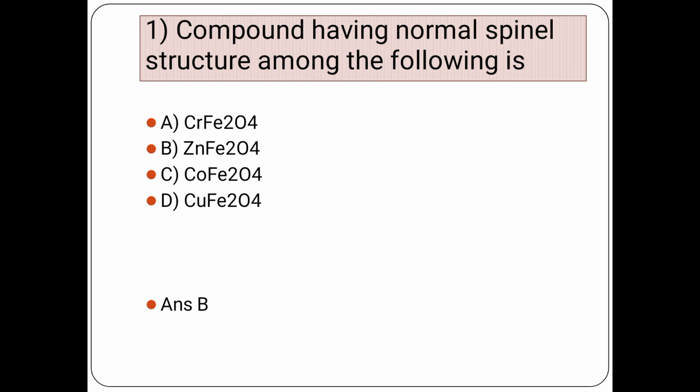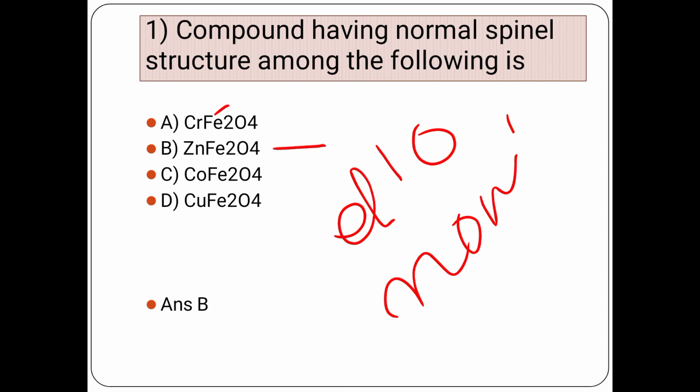And third rule, if A plus 2 is non-transitional, it is normal spinel. So what do you see here? Here this is transitional, this is also transitional. But down here, if you see zinc, it is a D10 system. D10 system is considered to be non-transitional.